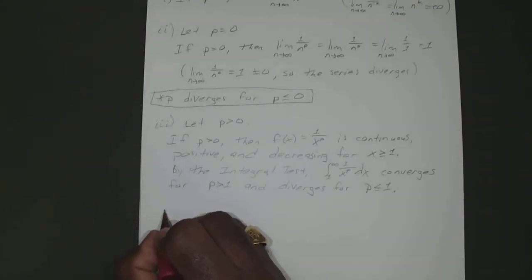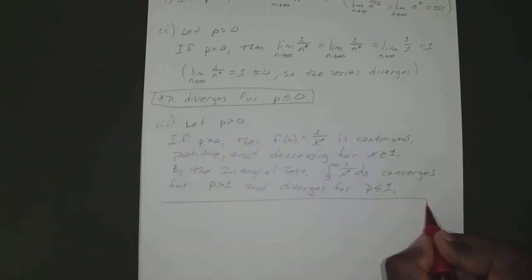Okay, so there's a quick way to show that it diverges for p equal to 1. And we can kind of block that off.